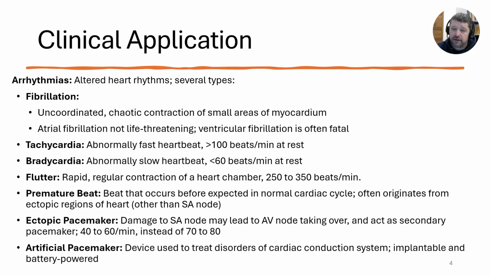The AV node is taking over, so the SA node may not be stimulating enough, so the AV node is now controlling the system, which would then change the heart rate of the individual. So we do have a backup system in our heart. The SA node is the main pacemaker, but the AV node can take over if there's something wrong with the SA node.